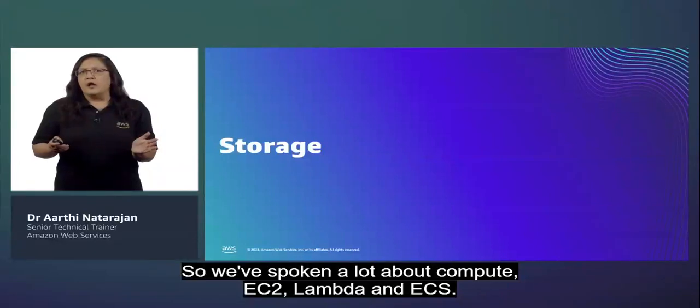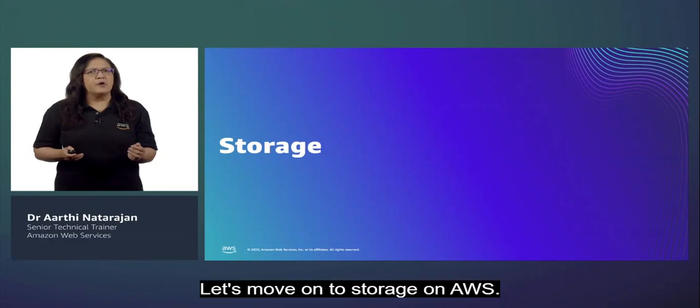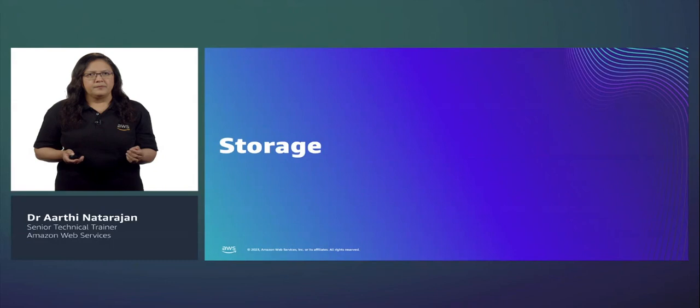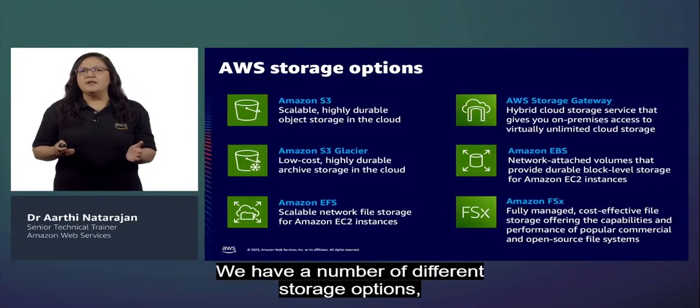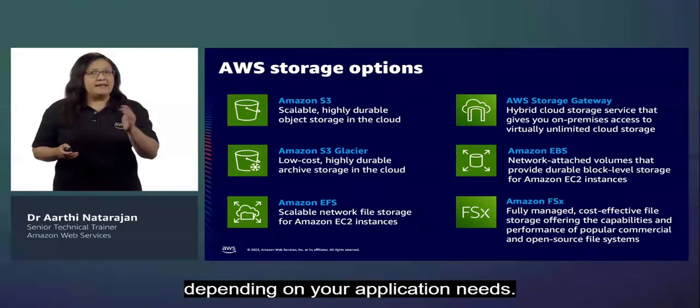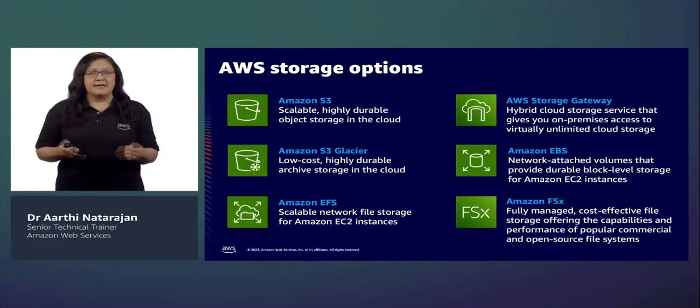So we've spoken a lot about compute, EC2, Lambda, and ECS. Let's move on to storage on AWS. We have a number of different storage options depending on your application needs.